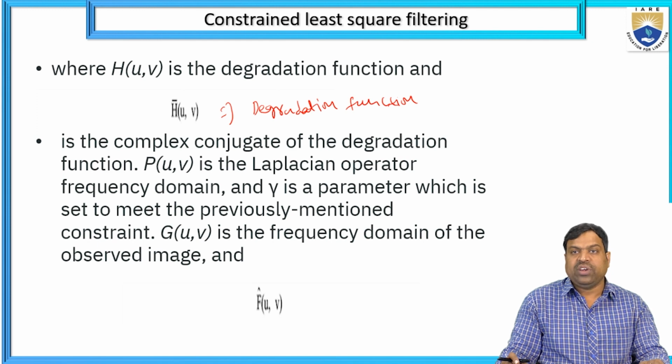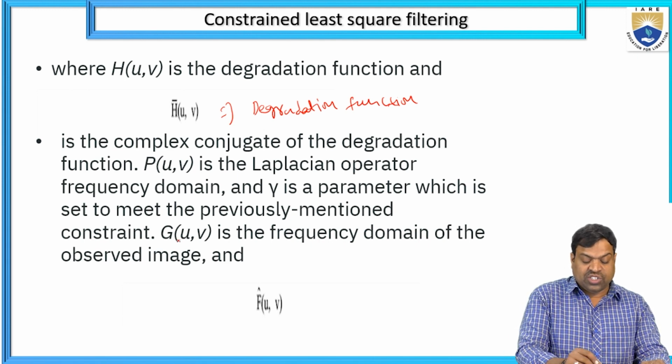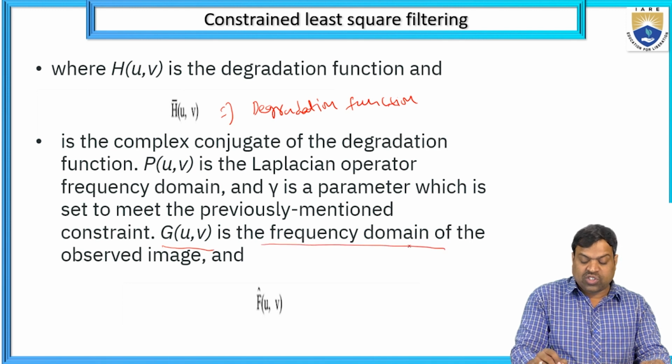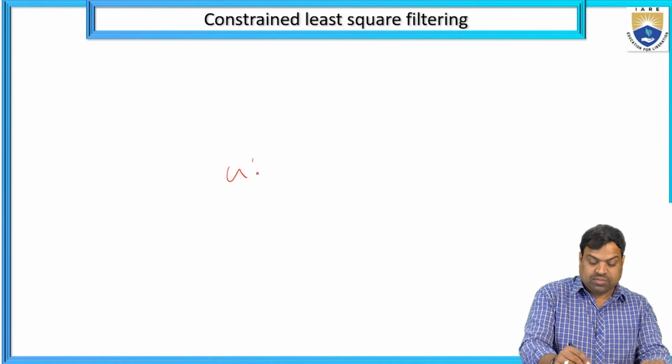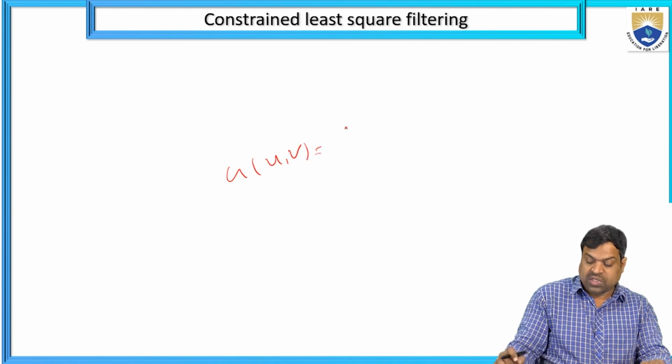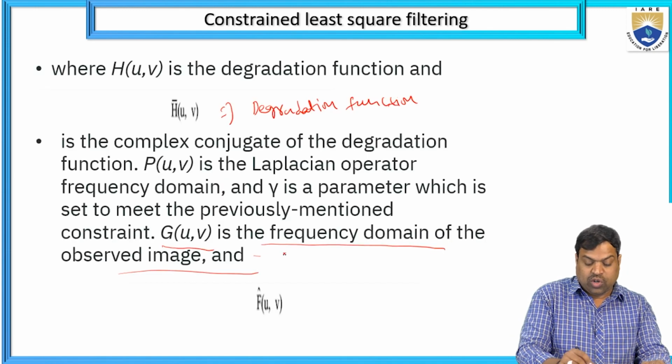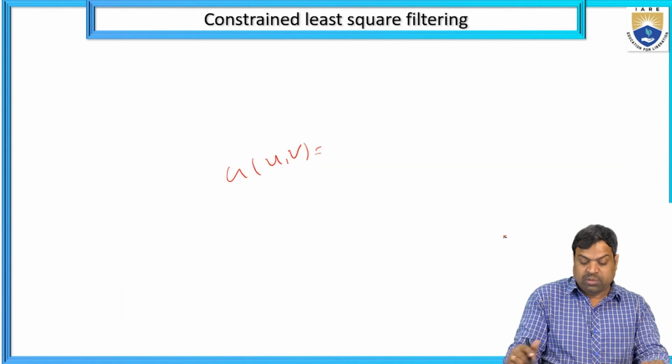P of (u,v) is the Laplacian operator in the frequency domain, and gamma is a parameter adjusted to meet the previously mentioned constraint. G of (u,v) is the frequency domain of the observed image.